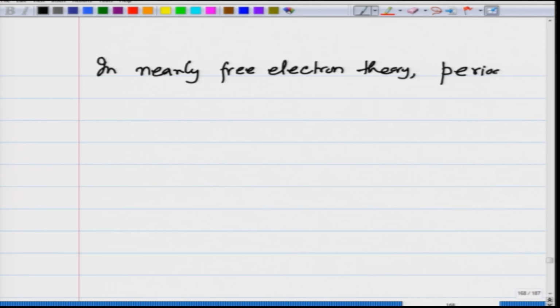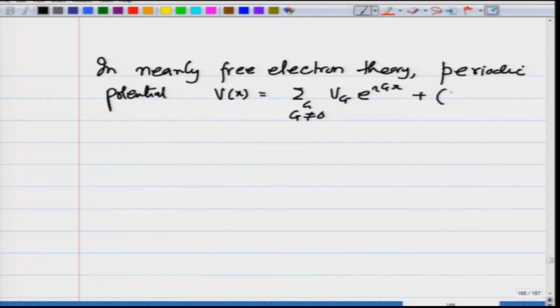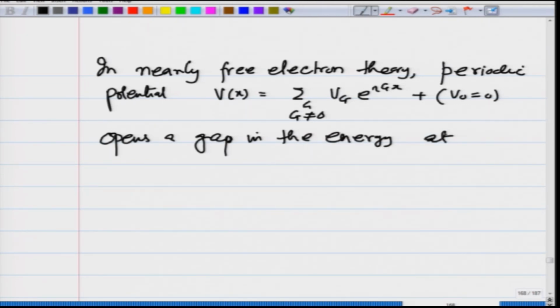Periodic potential V x equals summation over g not equal to 0 of V g e raised to i g x, plus V 0, which we have taken to be 0 because this is a shift in the potential, opens a gap in the energy at k equals plus minus pi by a. It will also open it at plus minus 2 pi by a, because I can add g equals 4 pi by a and get degenerate eigenvalues, and so on.